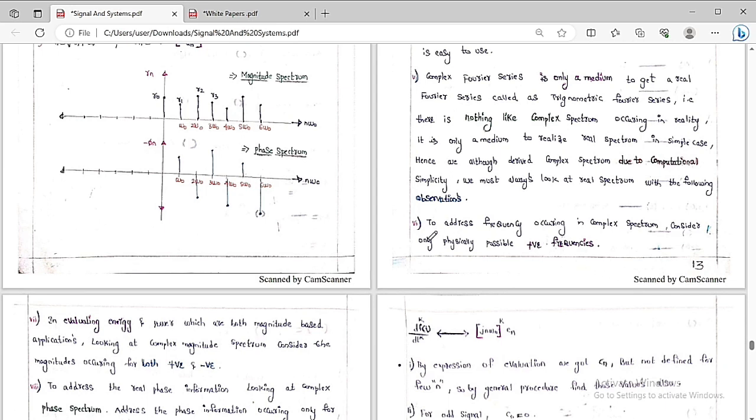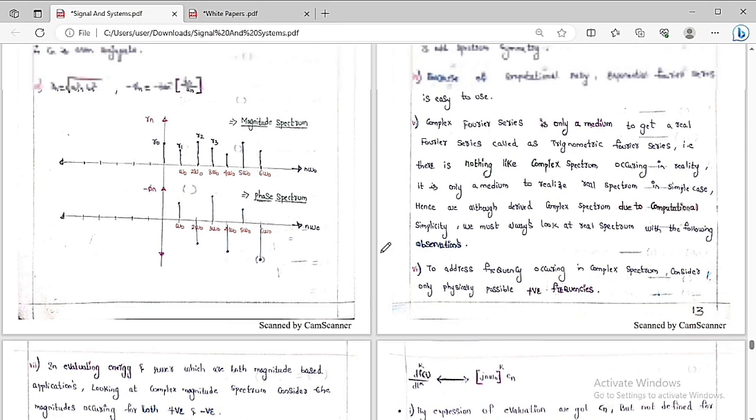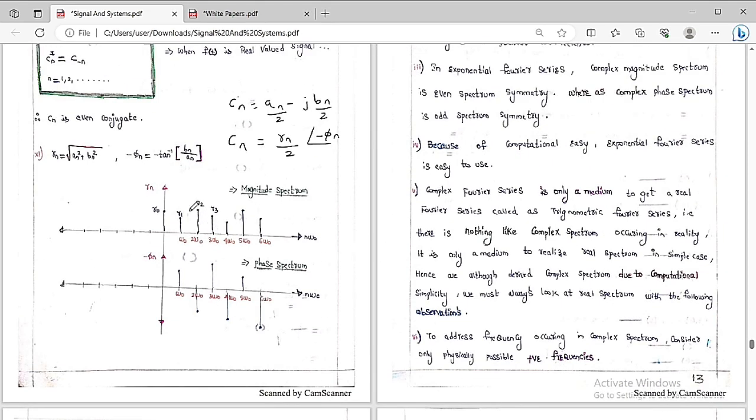The next thing is, to address the frequency occurring in the complex spectrum, consider only the physically possible positive frequencies. In the exponential Fourier series, when you draw the magnitude spectrum and phase spectrum, you have the positive frequency and the negative frequency. But in reality, there is nothing like negative frequency.